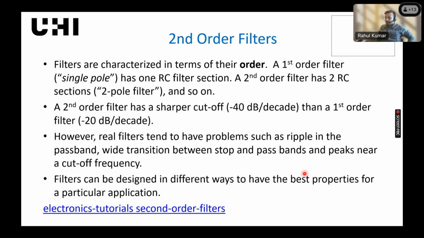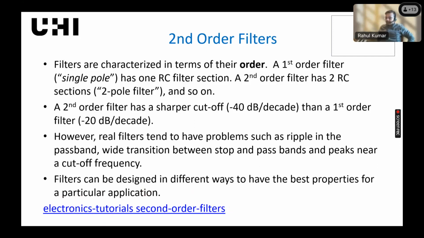Which we will look at in the next slide. So for higher order filters, ripples are quite a concern, right? So there are different types of active filter and we can choose the best one.